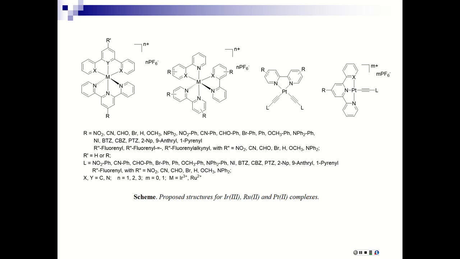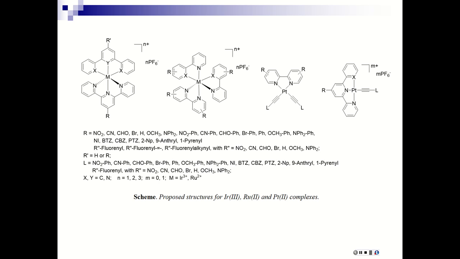For iridium complexes, the most commonly studied one is this monocationic one. It has phosphorescence, meaning emission from the triplet excited state. By varying the structure of either the diimine ligand or the CN ligand, we can adjust the HOMO-LUMO levels and the excited state energy.